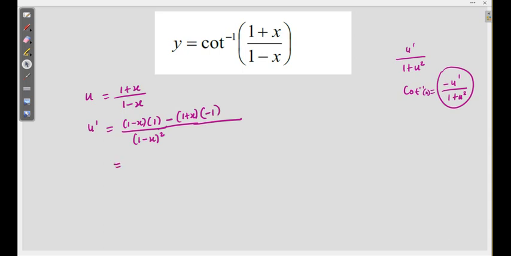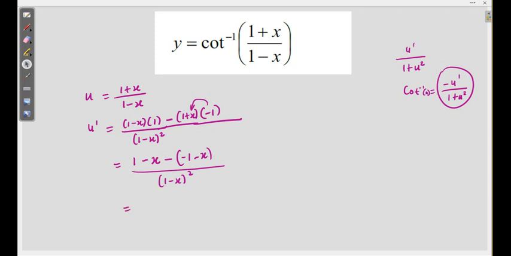Then we can say 1 times 1, that will be 1, and then 1 times negative x, it will be negative x. And then we need to be careful in terms of our signs here, right? Negative 1 times 1, that will be negative 1, and then negative 1 times x, that will be negative x, all divided by 1 minus x all squared.